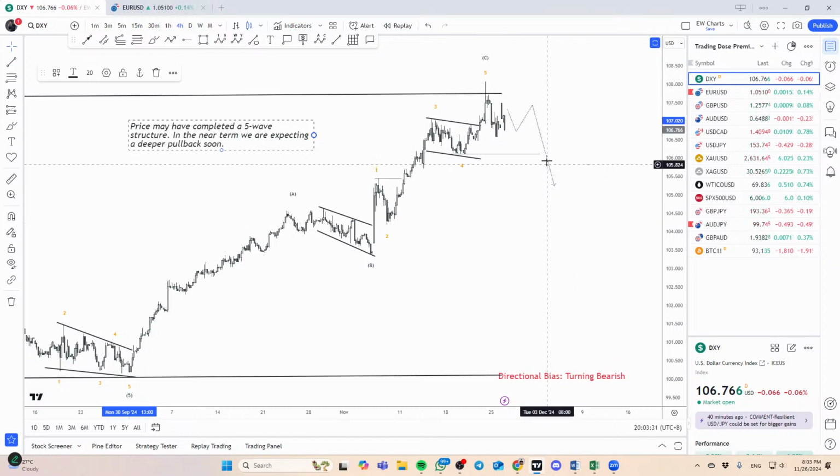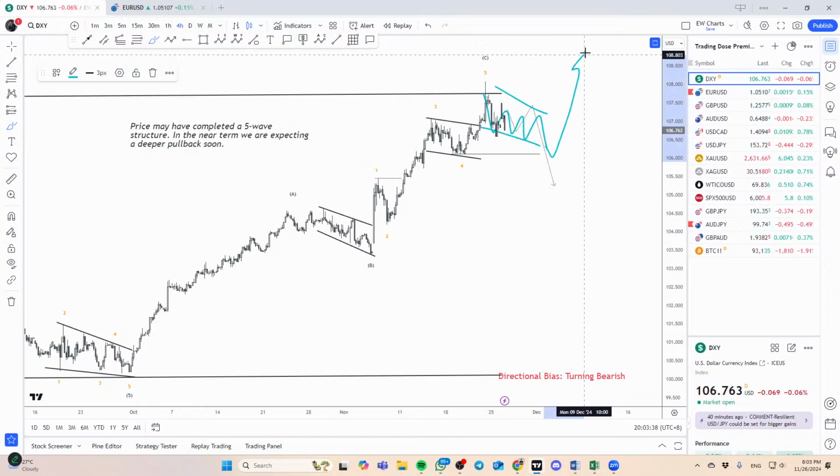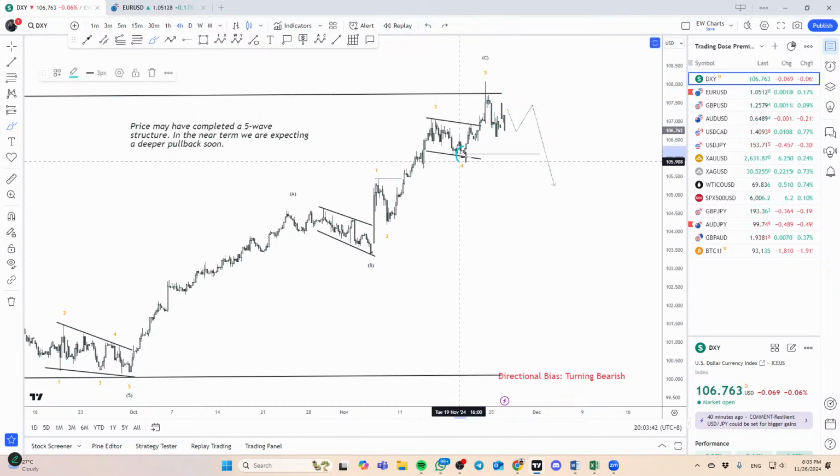Because as of now, what can still happen is this can easily be just a corrective development, and we might still see potential upside, right? So the confirmation is really for price to take out this low with momentum.